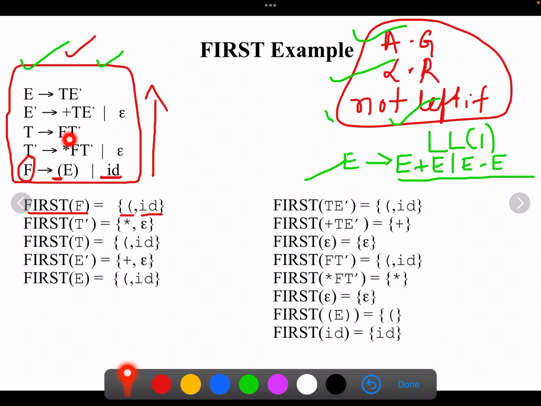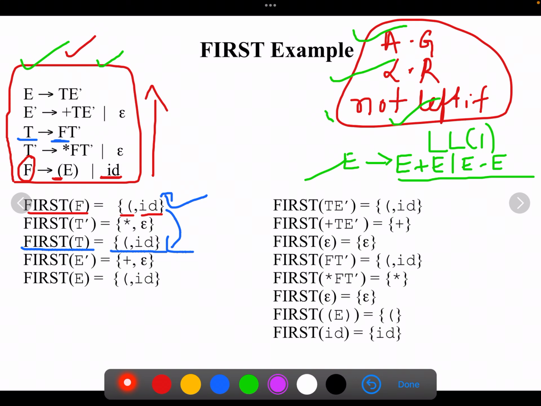If that is the case, first of F T dash, then try to find out what is first of F. Already we have identified first of F from these two productions. So include that here. That's all. So first of T is first of F itself. Therefore, you are writing the same answer here.